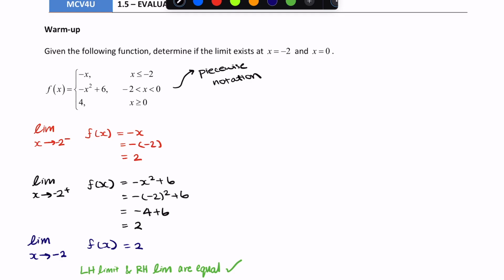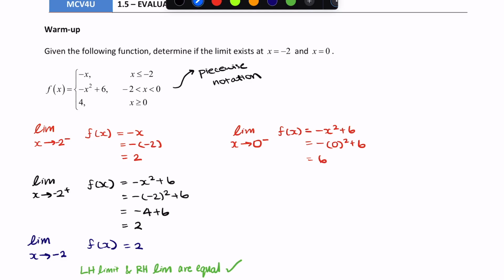Okay, so they also want to find when x is equal to 0. So the limit as x approaches 0 from the left, the function that represents that is -x² plus 6. And so -(0)² plus 6 will give us 6.